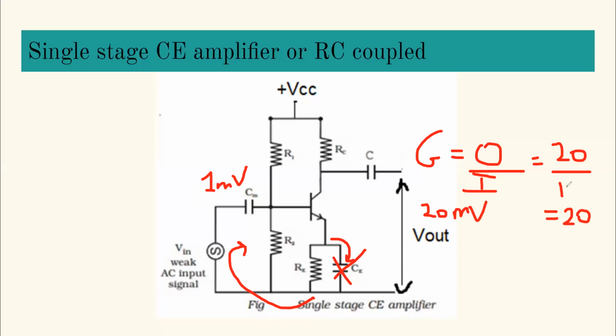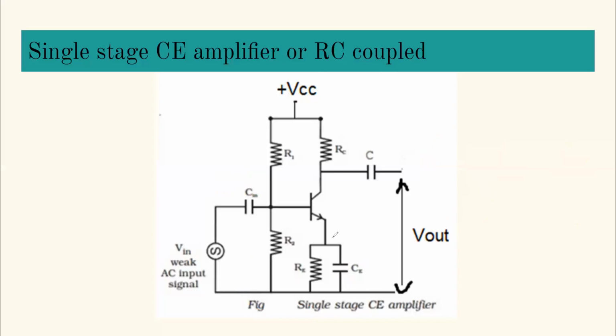Right? It's just like the more knowledge you gain, the better, right? So gain should be more. और अगर ये negative feedback जाएगा, the gain will decrease. That is why we need a bypass capacitor. So this is a bypass capacitor. It will bypass and give it to the ground. Either ground connect कीजिएगा please. It will bypass all the AC signals.